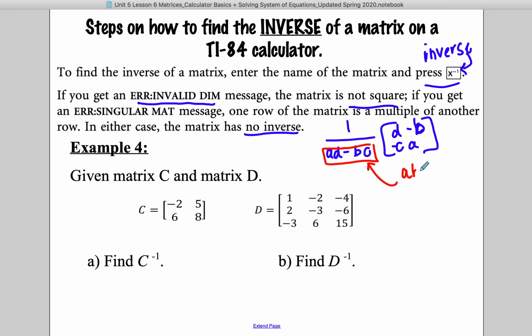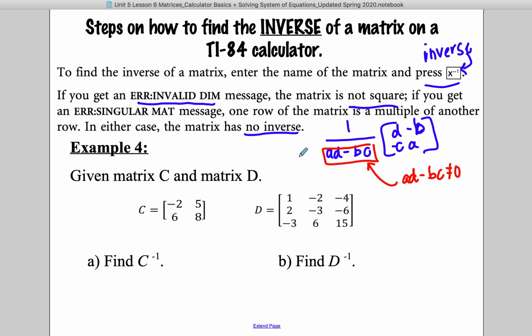So if AD minus BC equals 0, then you cannot find the inverse. Because you cannot divide by 0. So if that happens, there is no inverse.